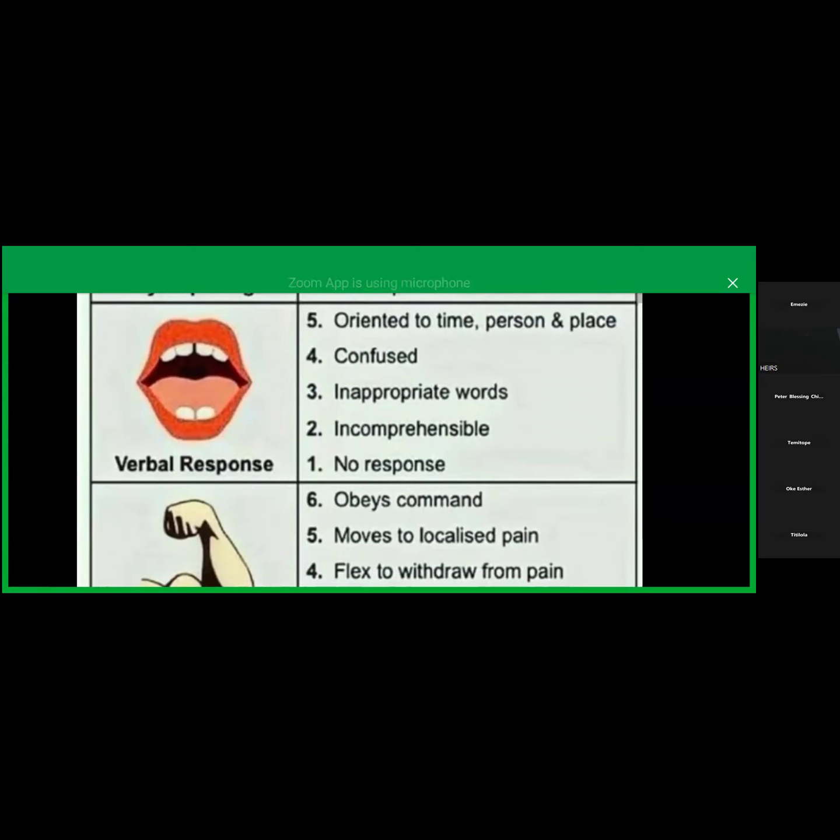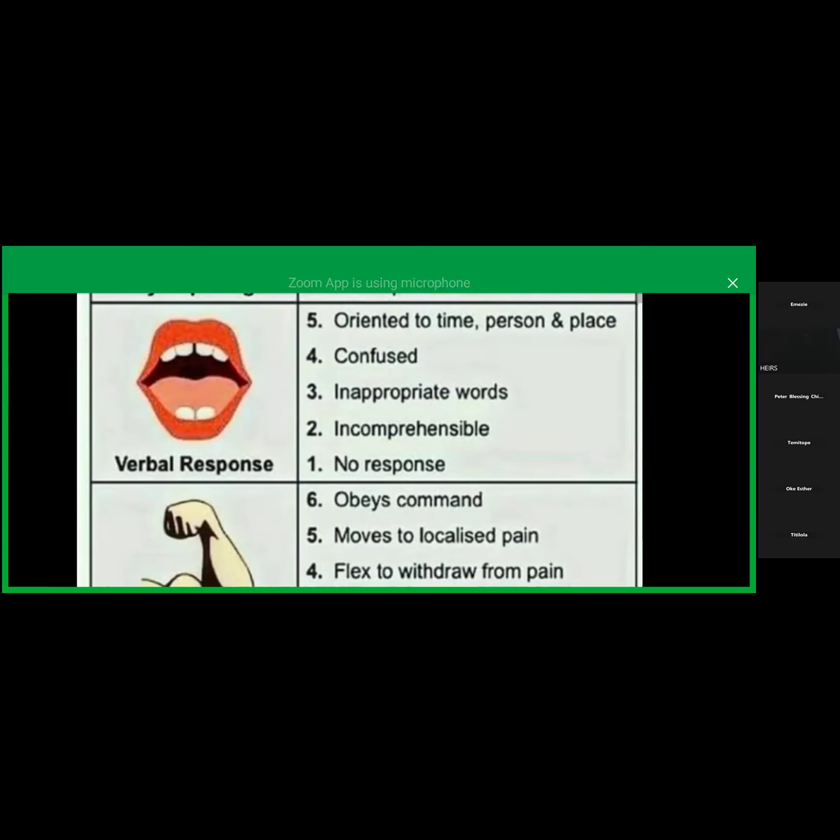You can go further and ask him, Mr. Paul, where are you? He said, I'm in the hospital. So the person is fully conscious and knows where he is. The patient can communicate with us without any issue. So any patient that can have this good conversation, that person's best verbal response is 5.